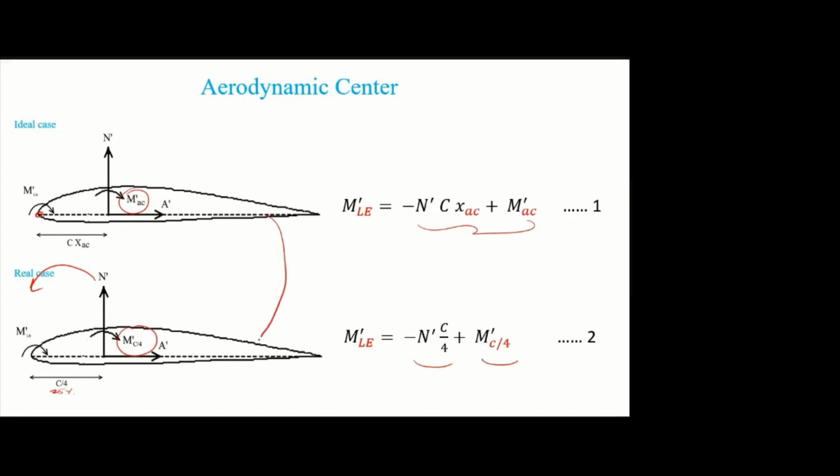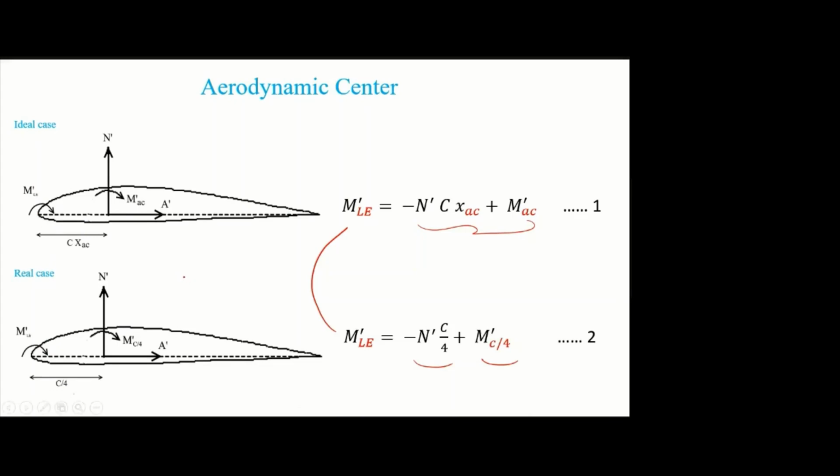Both are the same aerofoil, same angle of attack, same velocity, so the force will be the same, and the moment created by the aerofoil is the same. So for these two cases, the moment is equal. Is that clear?